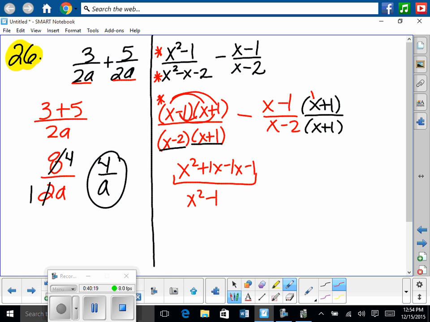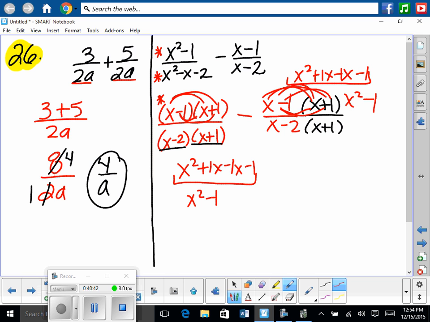And then in this piece, I have x times x is x squared, and then x times 1 is 1x, negative 1 times x is negative 1x, and then negative 1 times positive 1 is negative 1. So just in this piece, I have x squared minus 1.